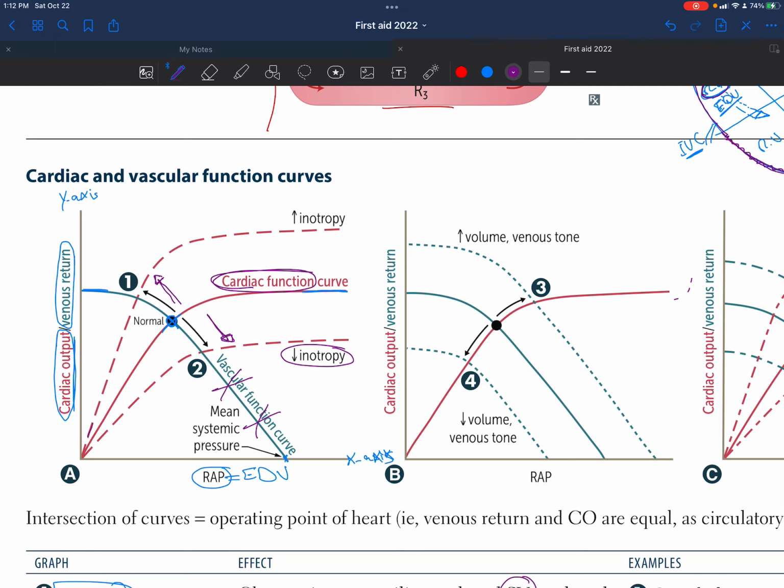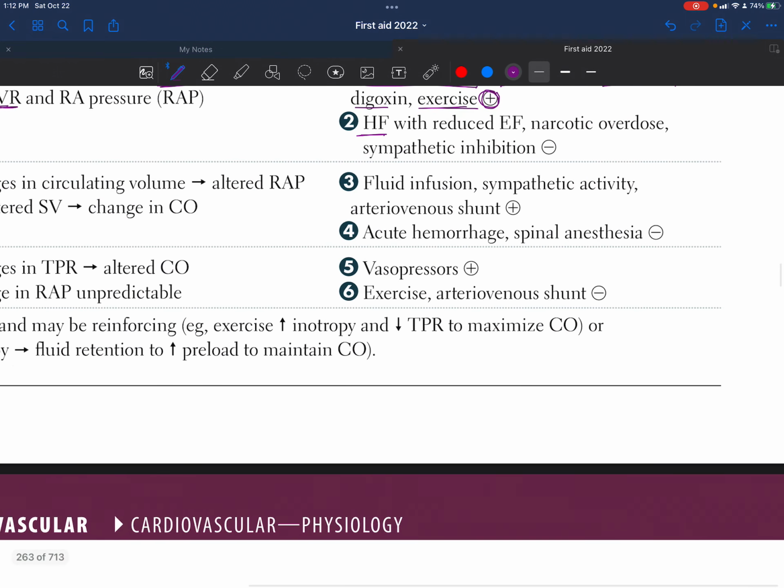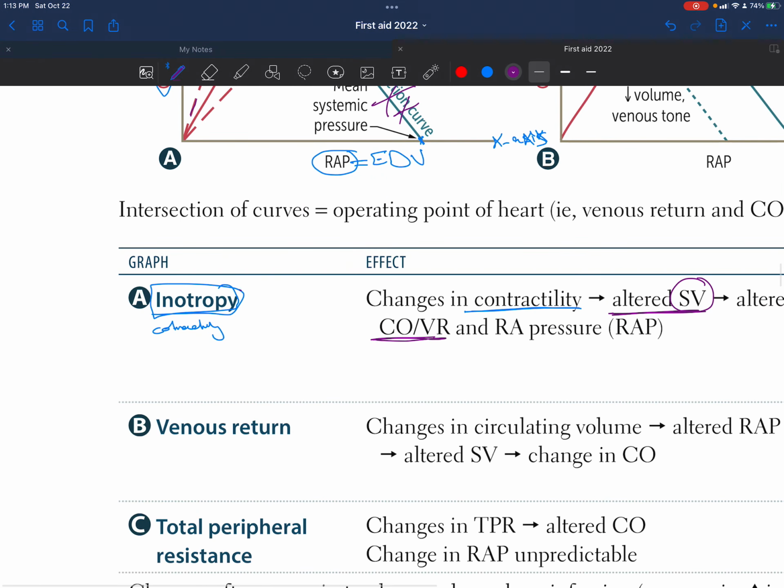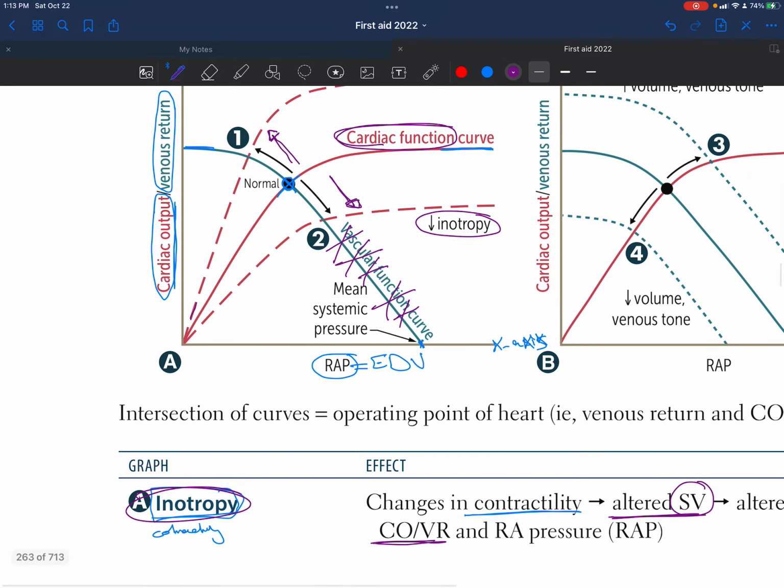But does heart failure change anything with the vessels? No. That means the vascular function curve is not going to change either. In addition to heart failure, someone having a narcotics overdose or sympathetic inhibition, both of these decrease the cardiac function curve.